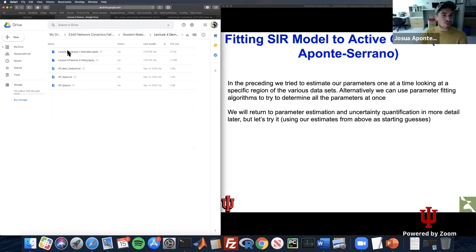If you guys go into that link, we're gonna be using exercise 1. We need the data sets, and these data sets are gonna be the active cases. They're also uploaded in Canvas in case people wanna download them from there or just remember where they are.